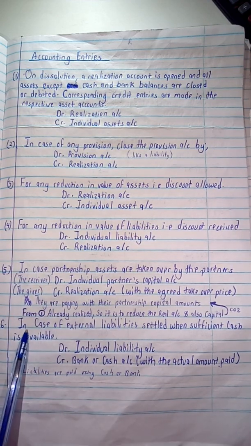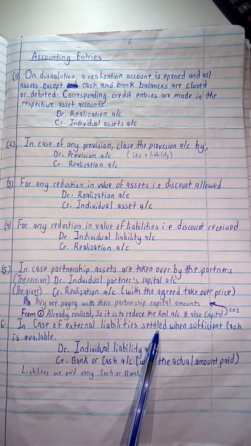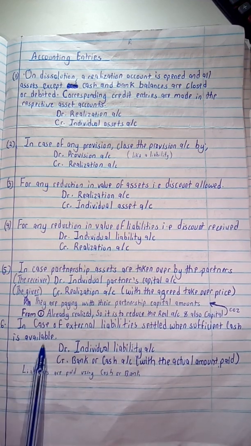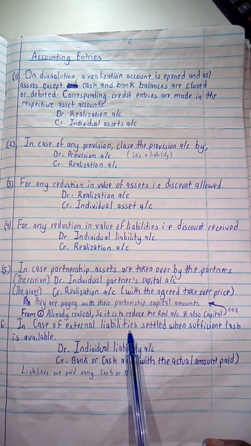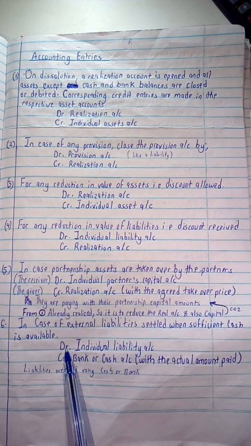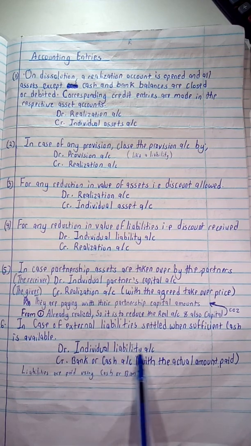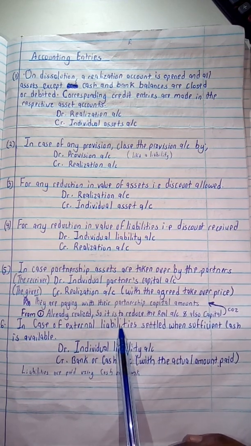Then in case of external liabilities settled when sufficient cash is available. For this, remember, if I want to reduce the liability, I'm going to pass a debit. So I'm going to debit the individual liability account in order to reduce it, because previously it has a normal credit balance.